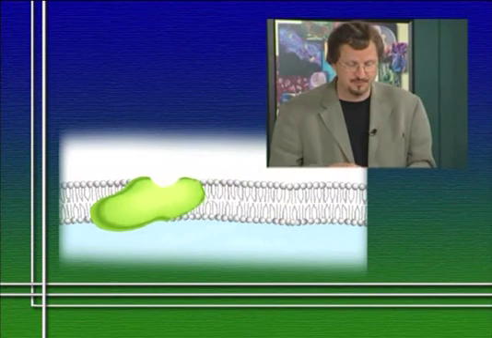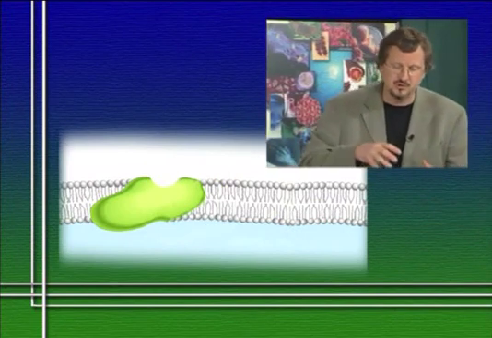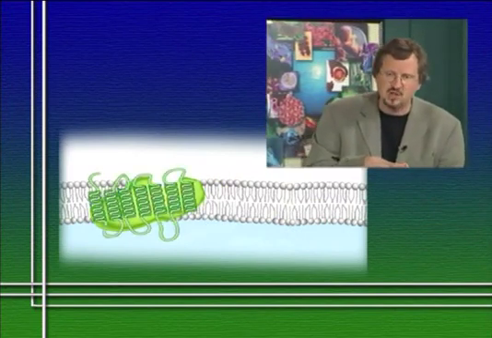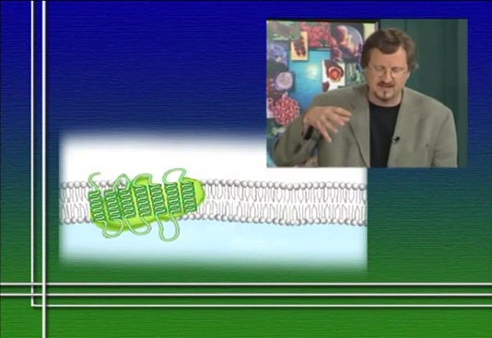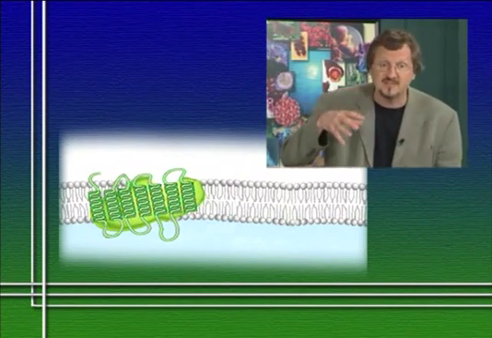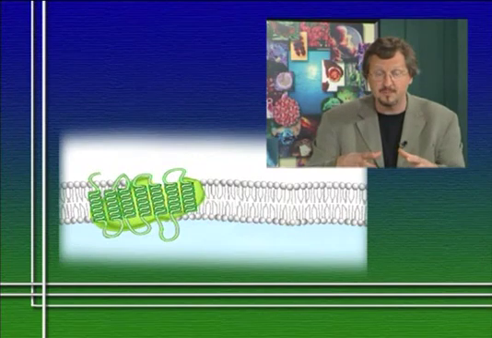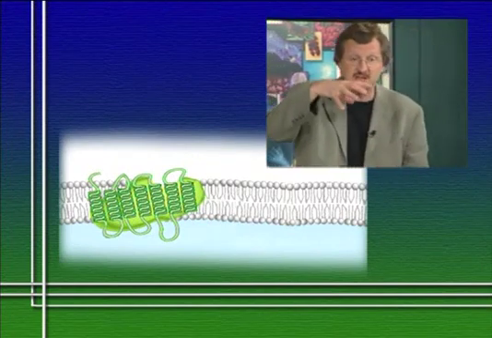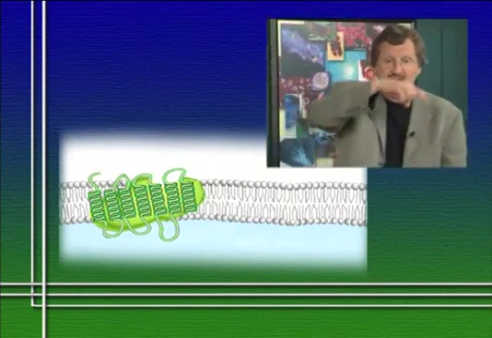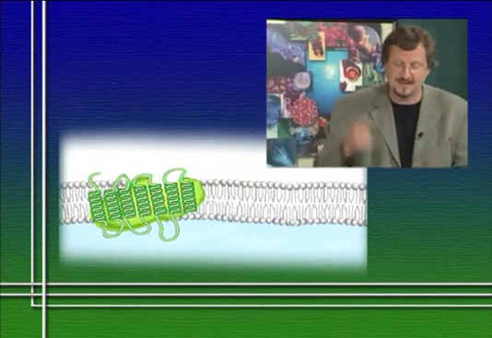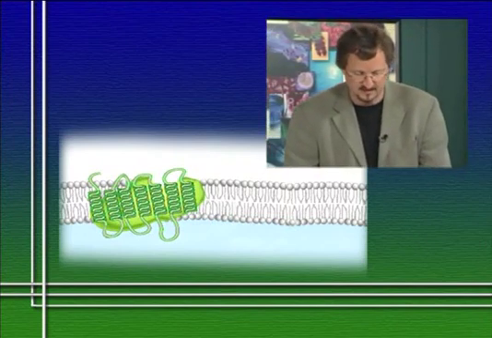G protein-linked receptors are actually very large proteins. Their structure includes 7 long regions that are alpha helices, each of which independently spans the entire membrane. So this protein goes back and forth several times, all in one clump, through the membrane. And of course, these alpha helices are connected by amino acids forming short loops on both the inside and the outside of the cell.